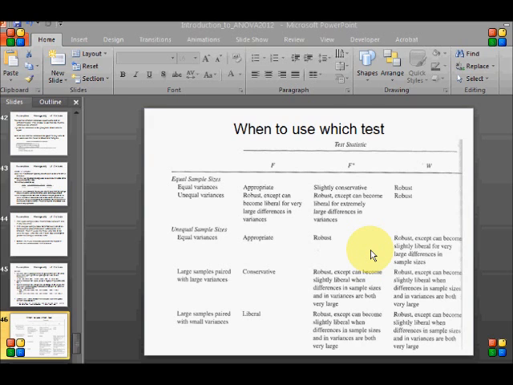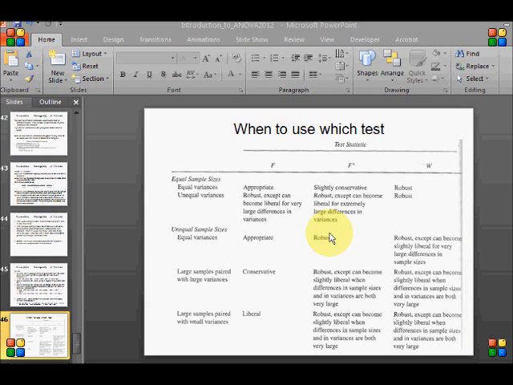Now, what do I want you to know about this stuff? I want you to be aware that these are your options and that they are correcting for this inequality in variances. I want you to also know that neither one is perfect. The Brown-Forsyth is pretty robust when you have equal variances and unequal sample sizes, but that's not really what you're concerned about.